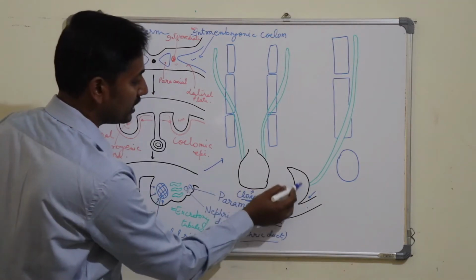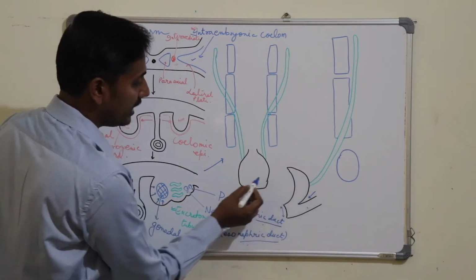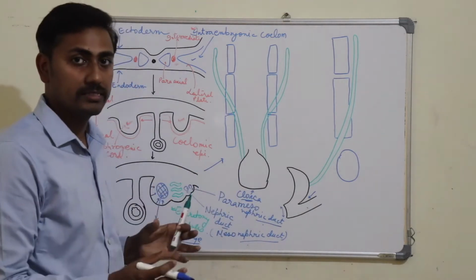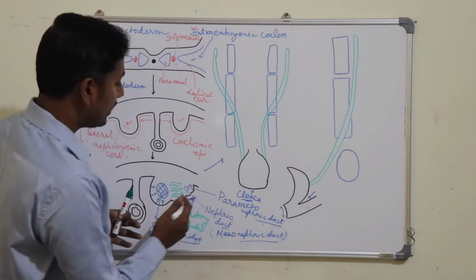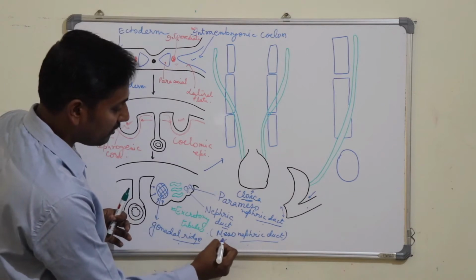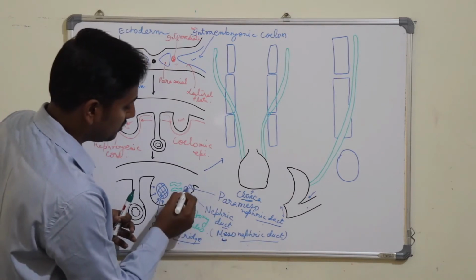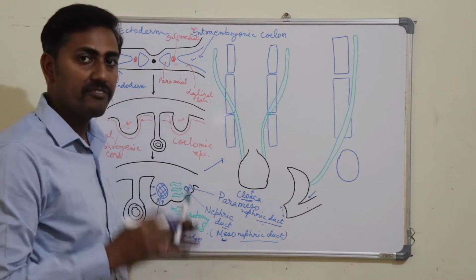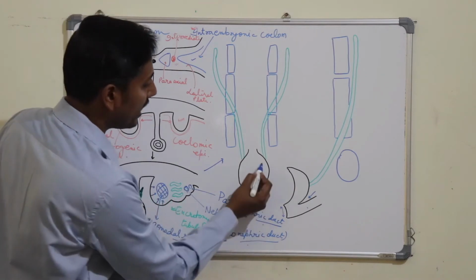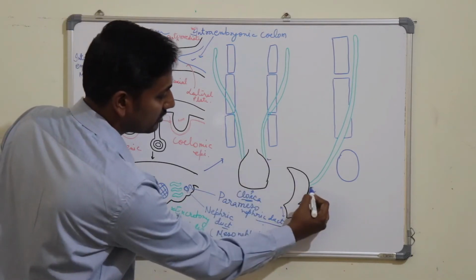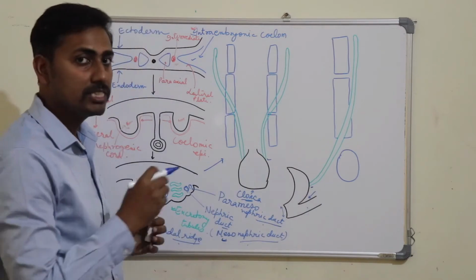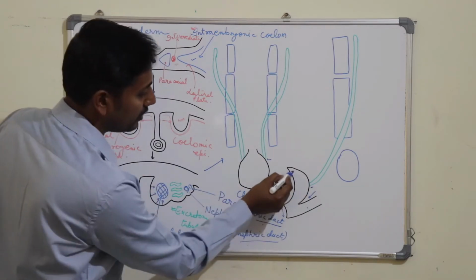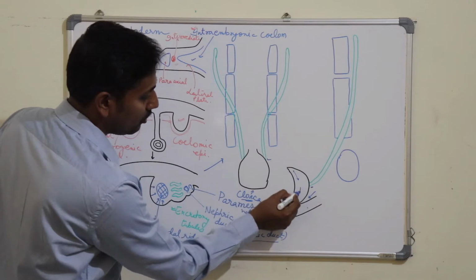This primitive urogenital sinus was again divided into two parts by the attachment of the mesonephric duct. This mesonephric duct opens on the back side of the cloaca here and divides the cloaca into an upper part and a lower part.